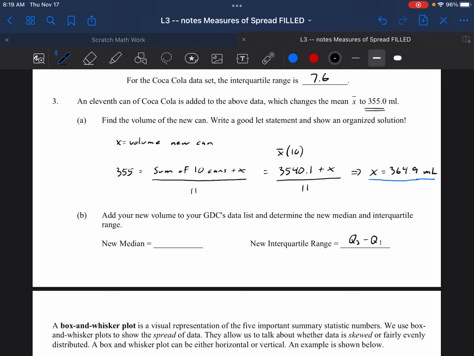So again, go ahead and pause the video if you want, put that new data value in, and see what you get. For me, I've done this ahead of time, but I get the new median is 355.3 milliliters, and the new IQR would be 358.2 minus 350.2, which is 8.